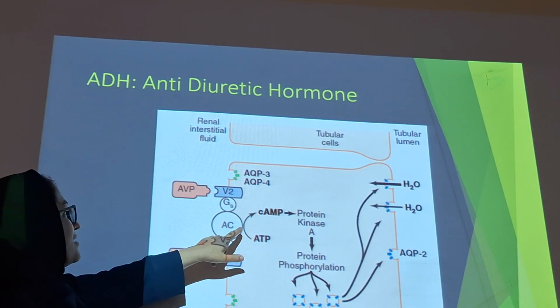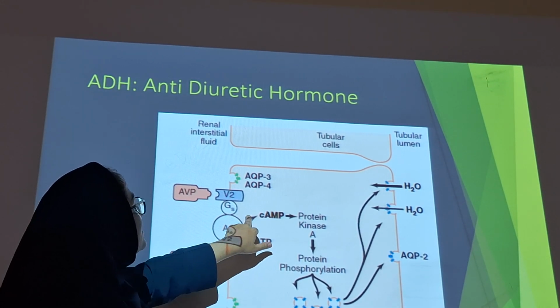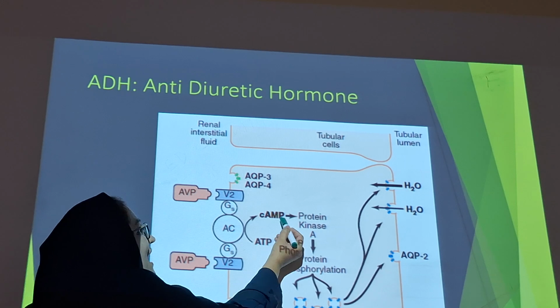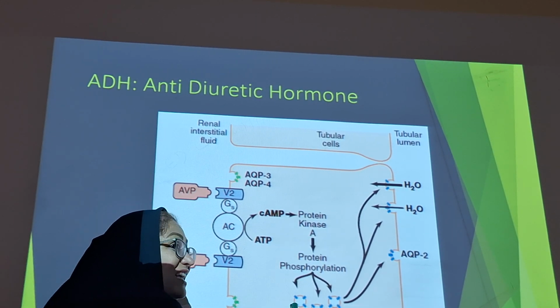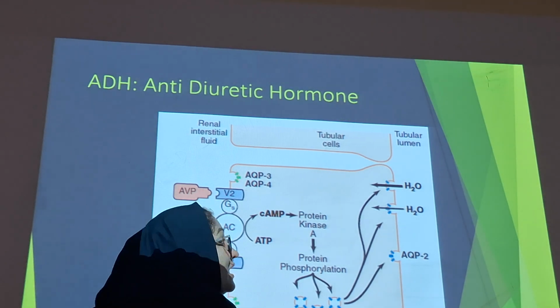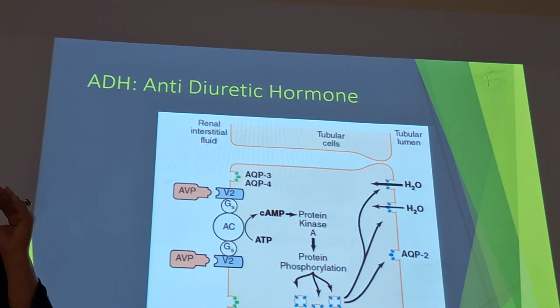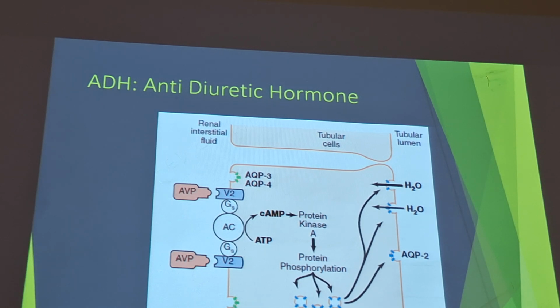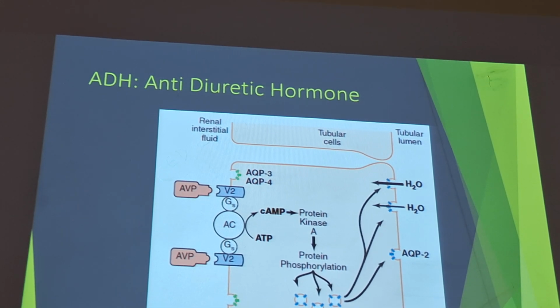Adenylyl cyclase is activated in the membrane. Cyclic AMP is produced as a second messenger. After that, inside the cell, in which part? In the last part of nephron, from late distal tubule on.